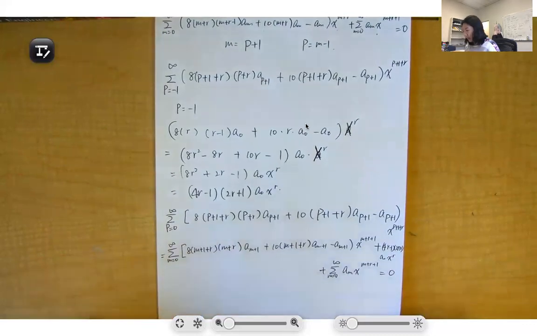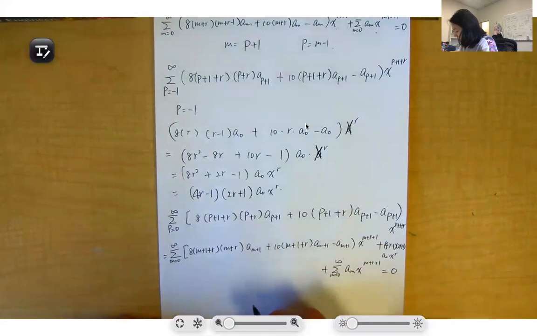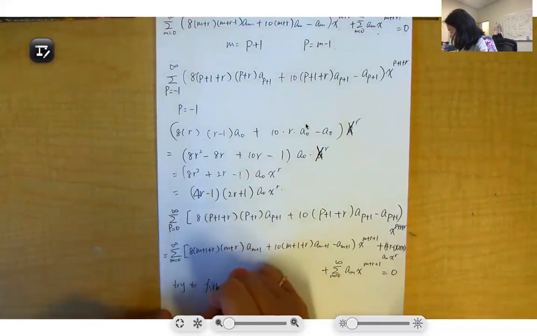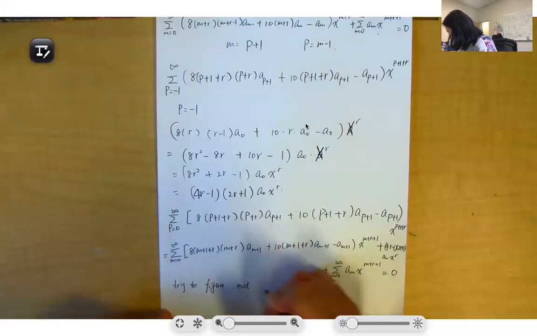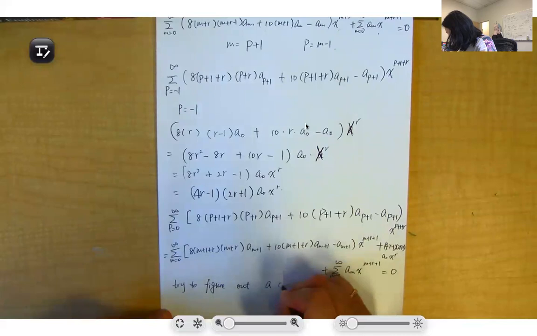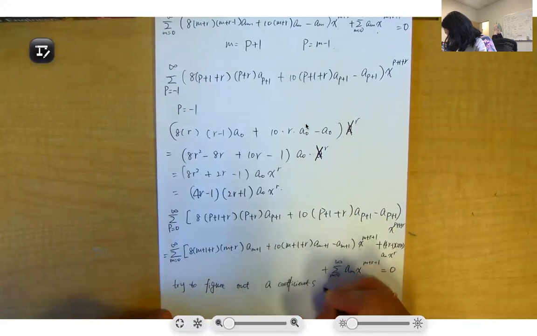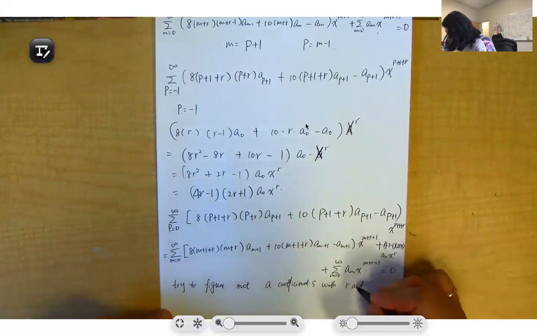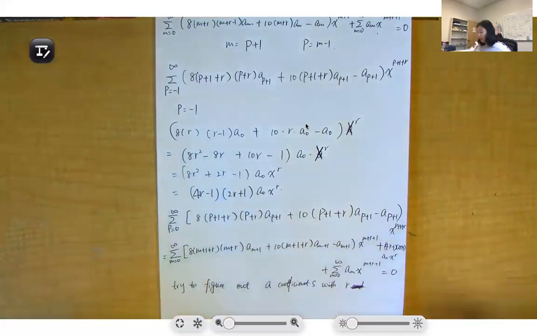That is our next step, trying to figure out the a coefficients and r.